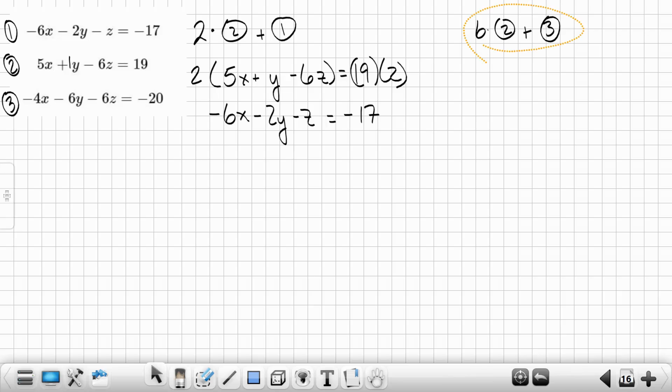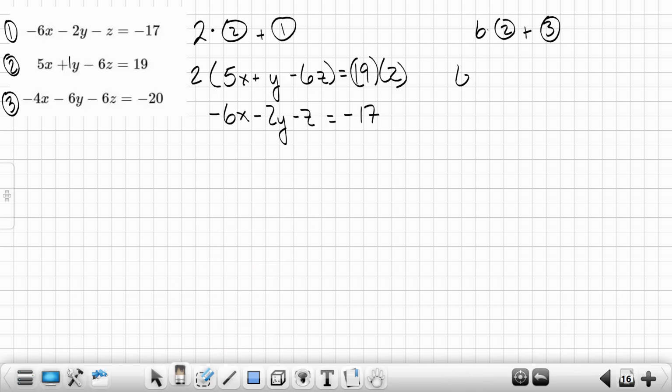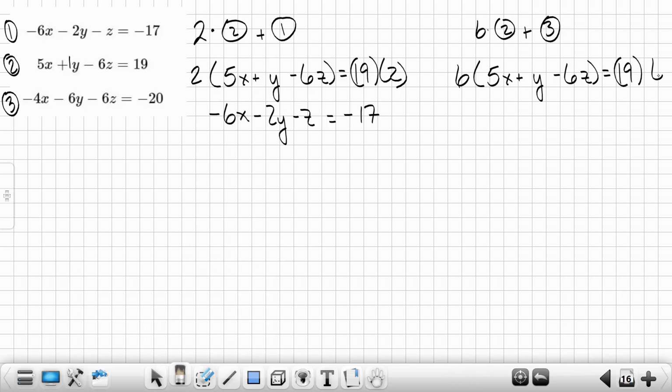And I like working side by side. So 6 times equation 2, and then I'm going to add equation 3. So negative 4x minus 6y minus 6z equals negative 20.